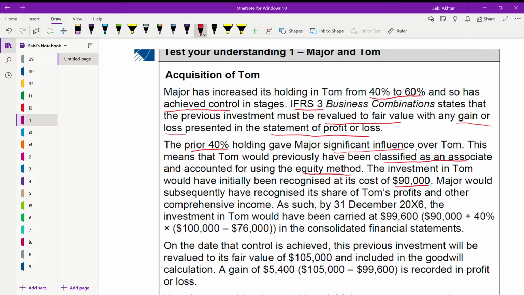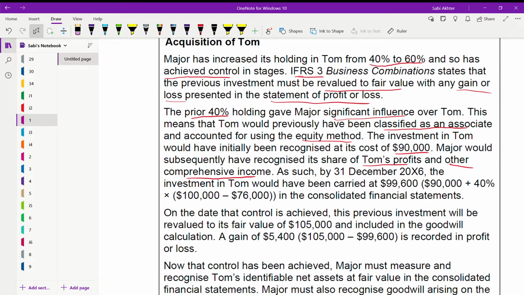So you would have recognized a share of Tom's profit and other comprehensive income. Don't forget that. So you have to add that to the cost of 90,000. This is the equity method that they are using, even though they are not showing it in a calculation, but in the discussion they are writing it in sentences. That's why it's a little bit confusing.